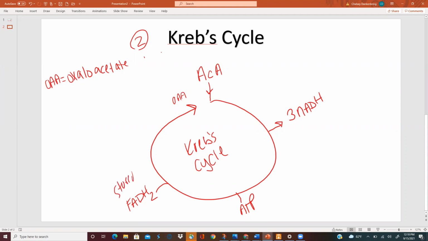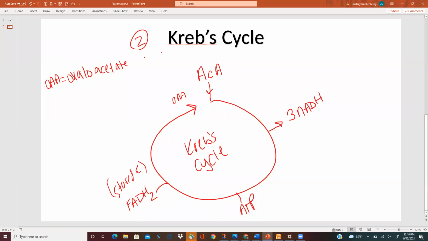I'm going to write that down here, stored energy. FADH2 is only made during the Krebs cycle. We've seen NADH made during glycolysis, the linking step, and the Krebs cycle. So NADH is made much more frequently than FADH2.